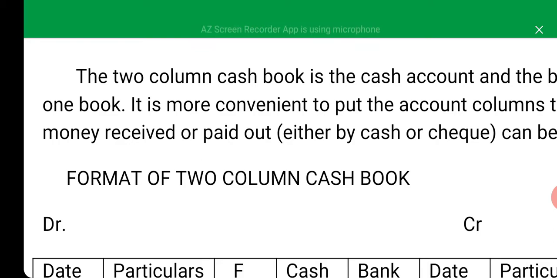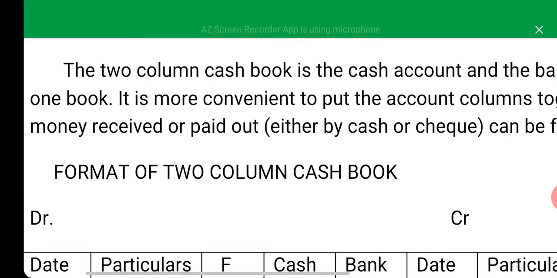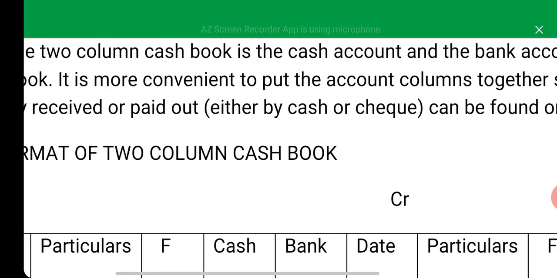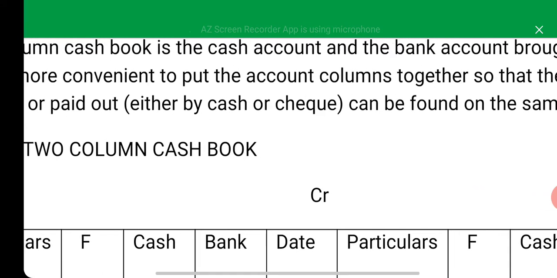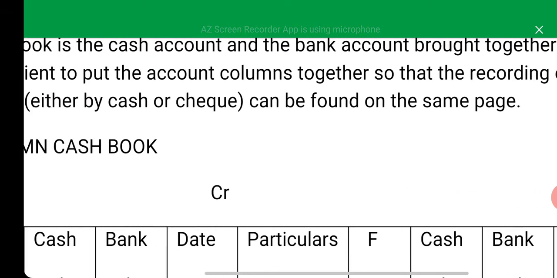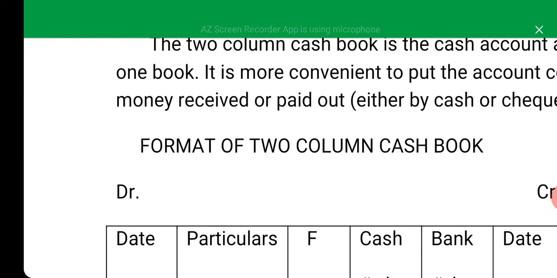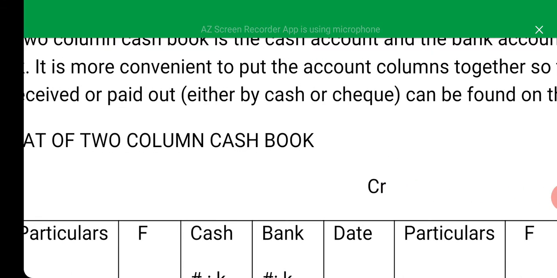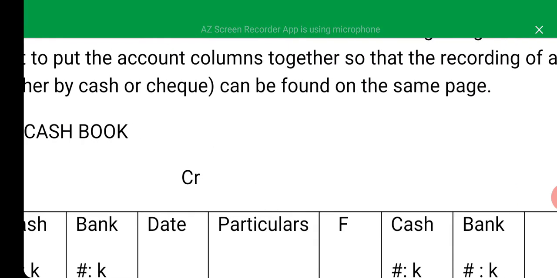This is done to make it more convenient to put the account columns together, so that the recording of all money received or paid out, either by cash or check, can be found on the same page.